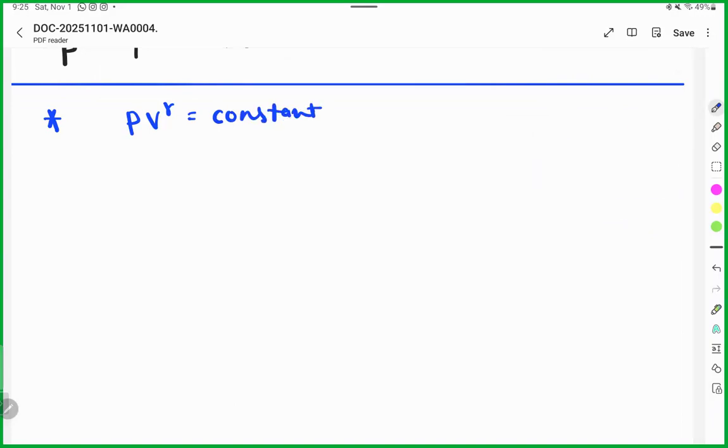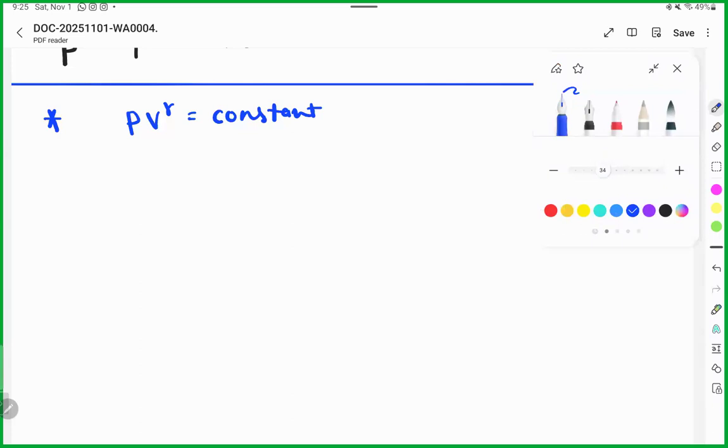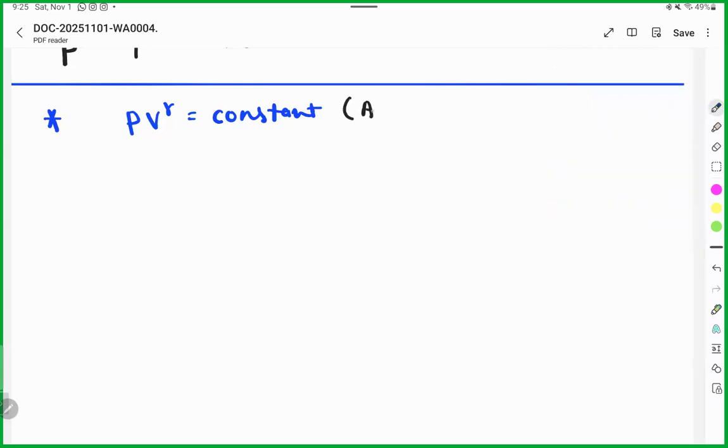This is only for adiabatic process. Remember, we use gamma term only in adiabatic process, nowhere else. But this is the P and V form. If we want to convert into the T and V form, what should be the value?